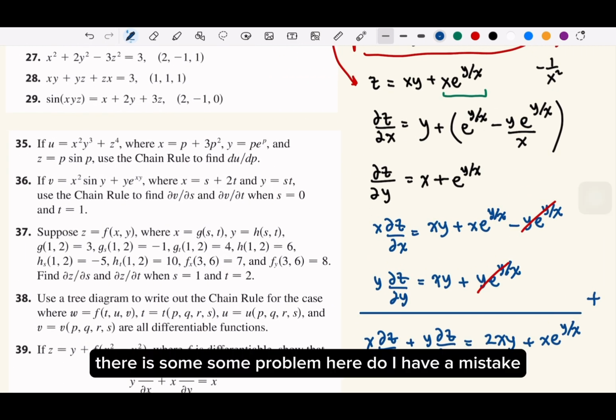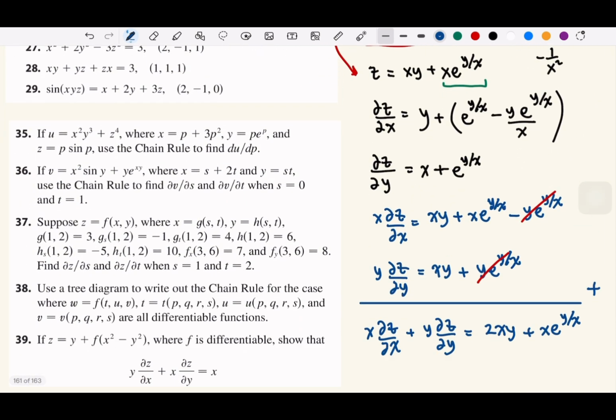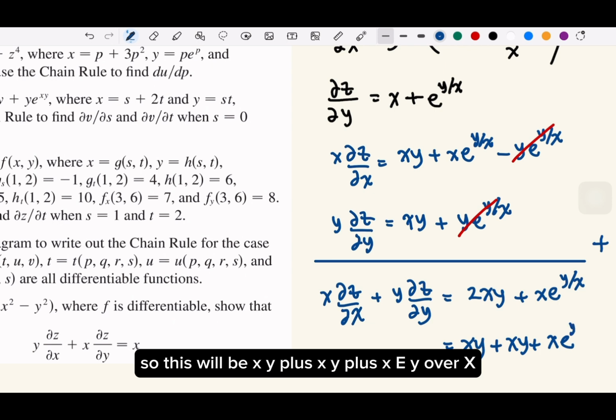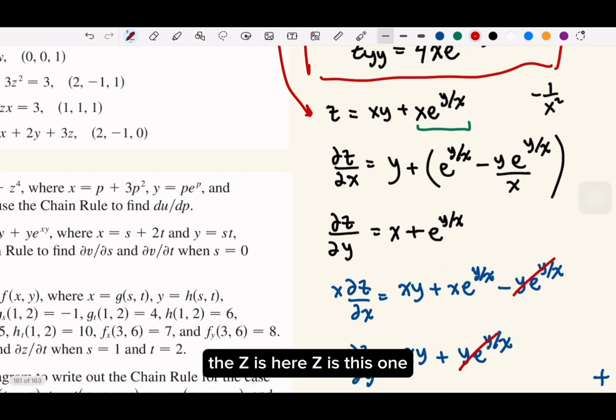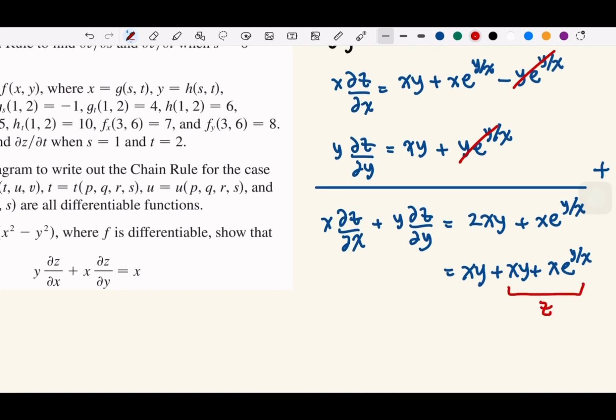There is some problem here. Do I have a mistake? Oh, no, it's correct. So this will be xy plus xy plus x e^(y/x). The z is here. Z is this one. So this whole thing is z. So this is true.